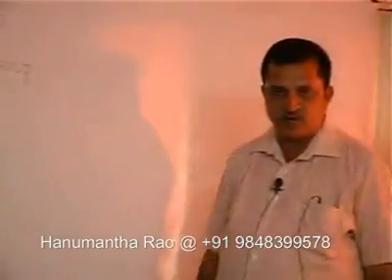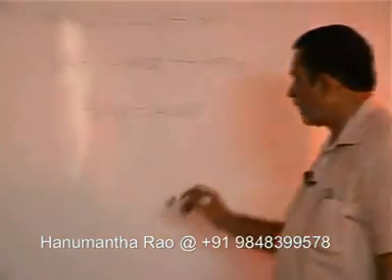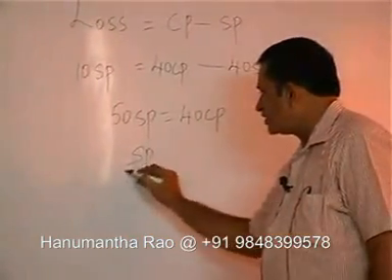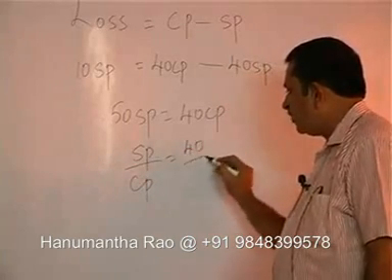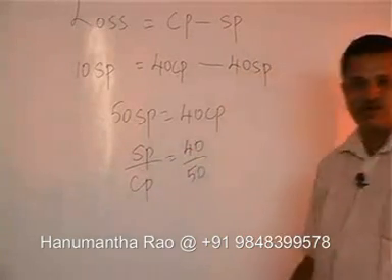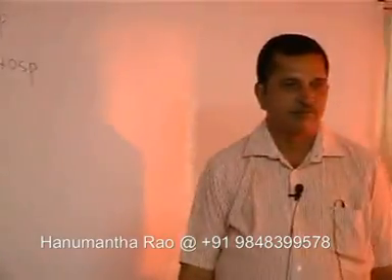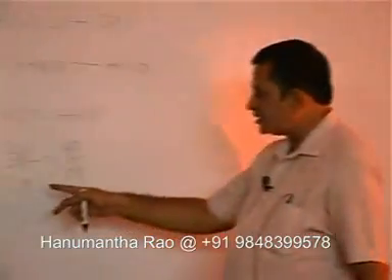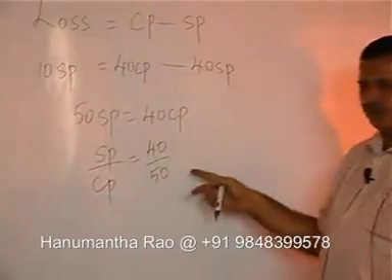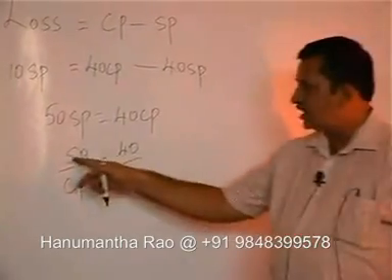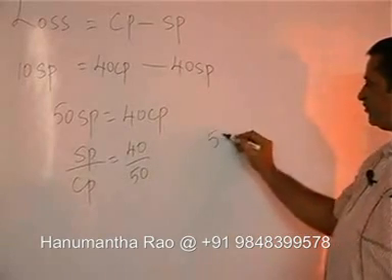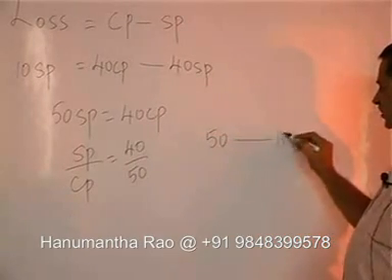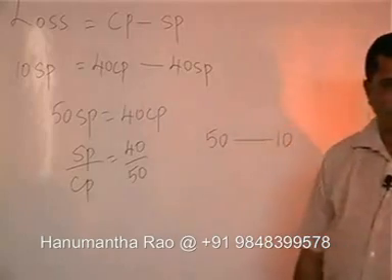50 SP is equal to 40 CP means SP by CP is equal to 40 by 50, is it not? Cost price is 50 rupees, selling price is 40 rupees. For an investment of 50 rupees, the loss is 10 rupees.